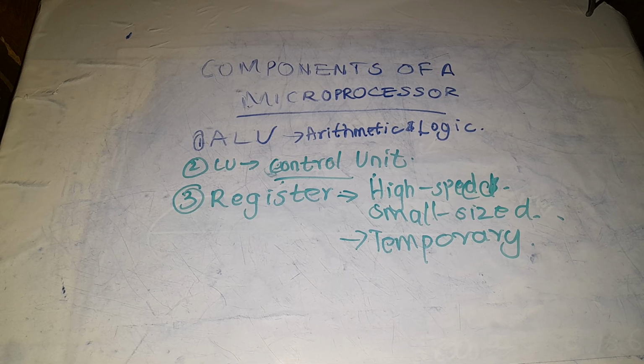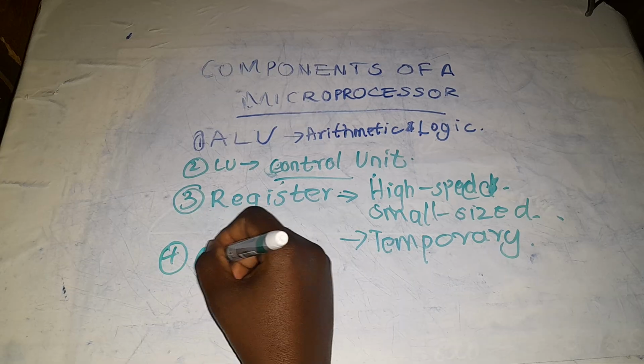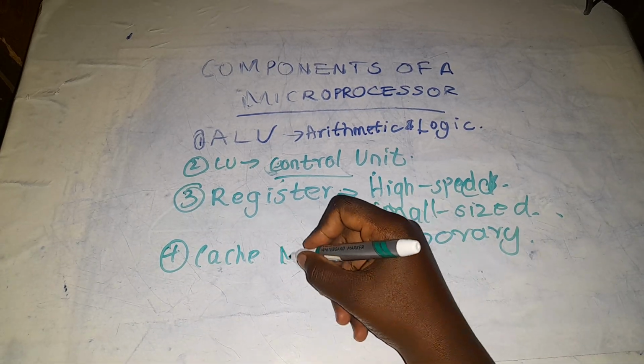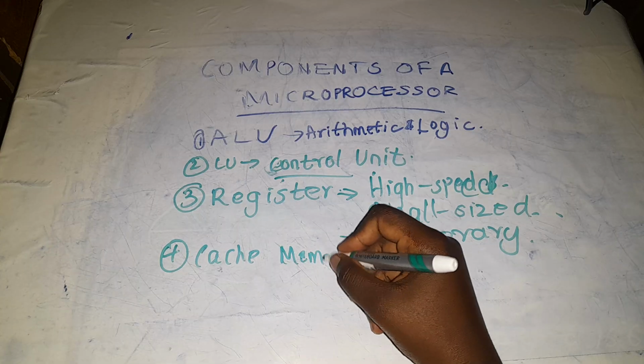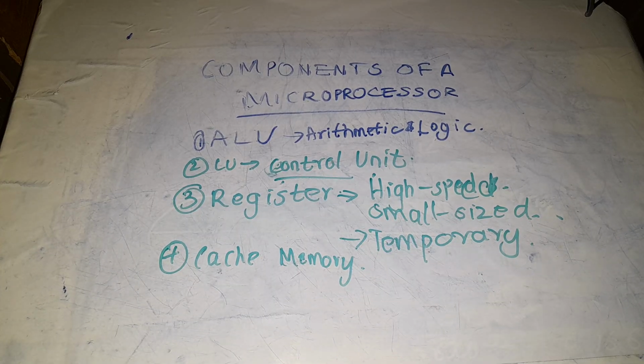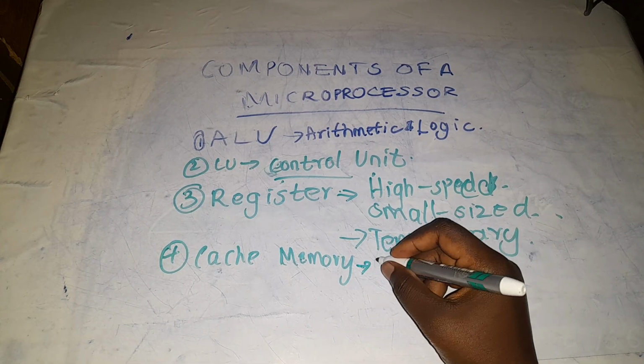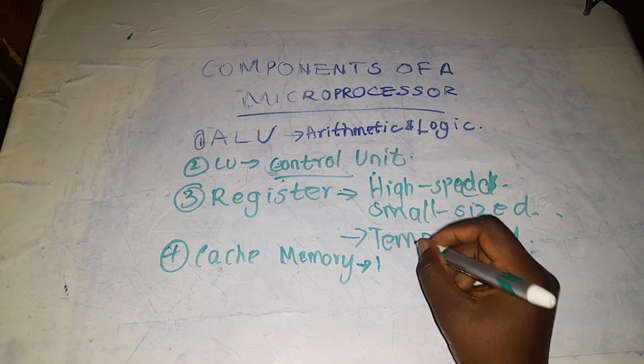Then we have the cache memory. The cache memory is another type of temporary memory, but its difference from a register is that it stores what is commonly accessed.